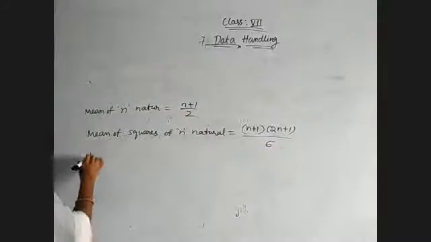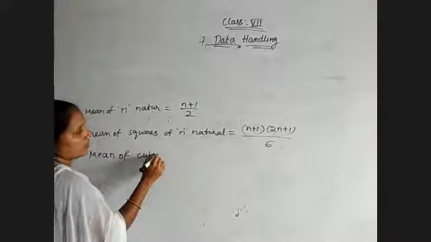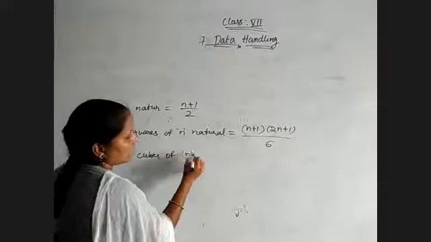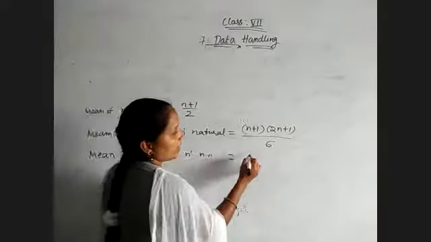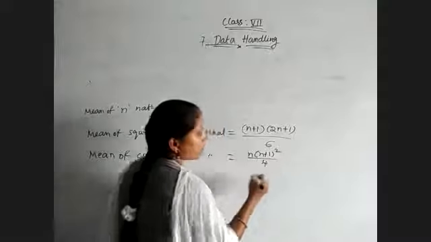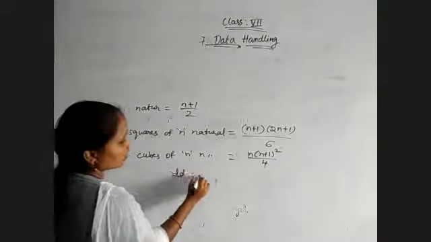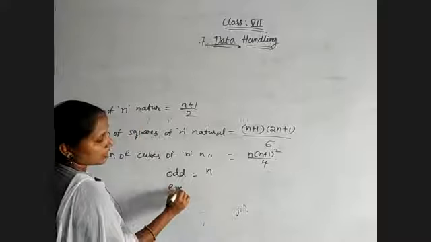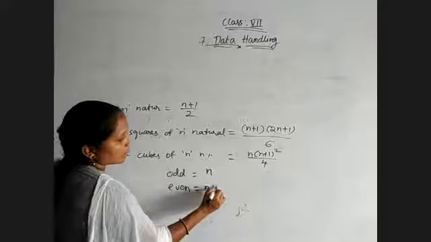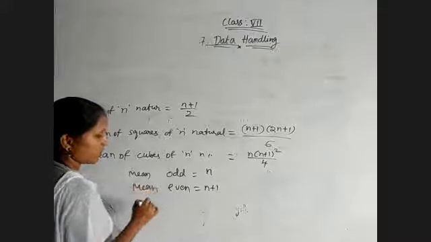And the mean of cubes of n natural numbers is given by n into n plus 1 whole square by 4. For odd numbers, we have n, and for even numbers, n plus 1. Mean only, not sum. Okay.